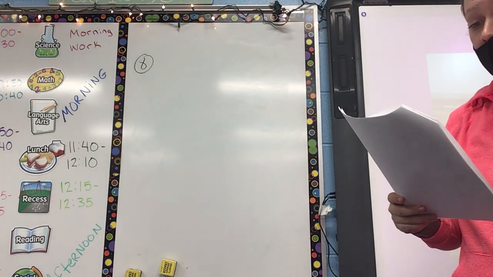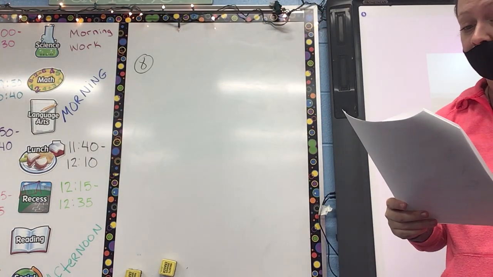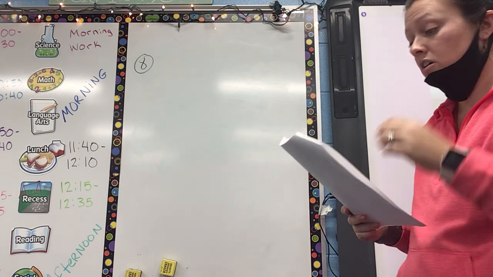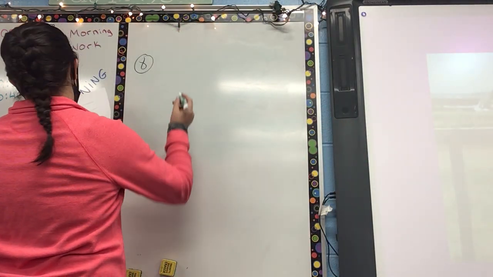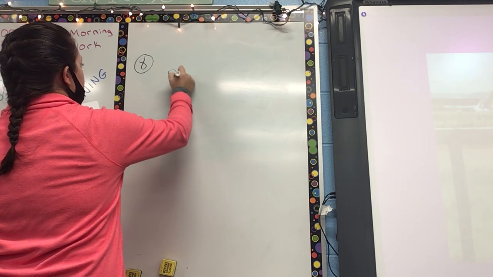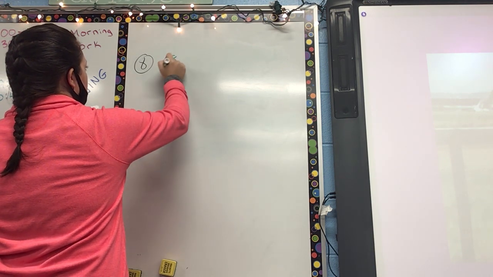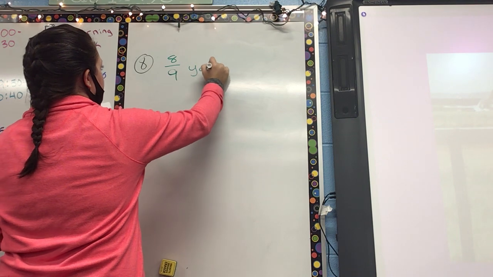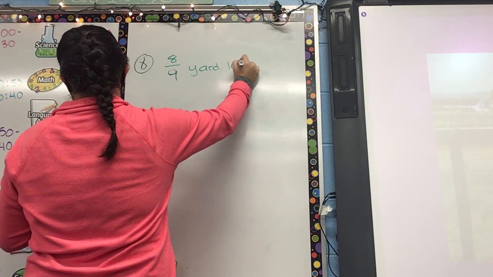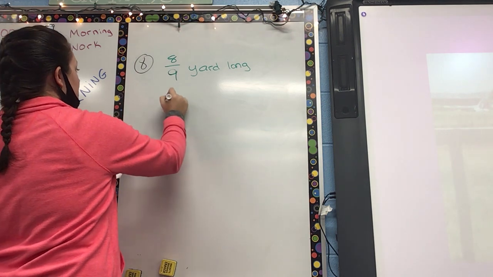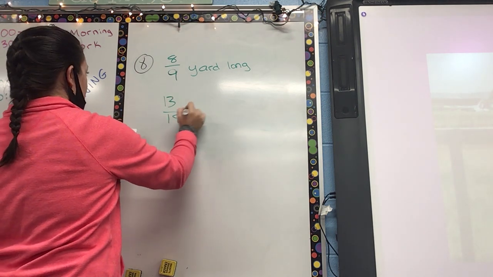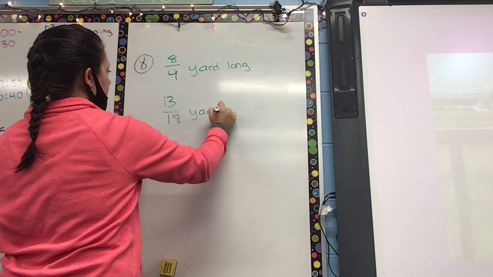All right, there was a green snake that is 8/9 yards long. So there was a green snake, and it was 8/9 yard long. There was a garter snake that was 13/18 yard long.